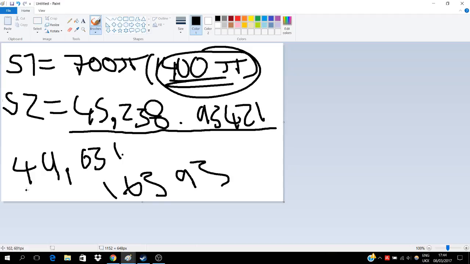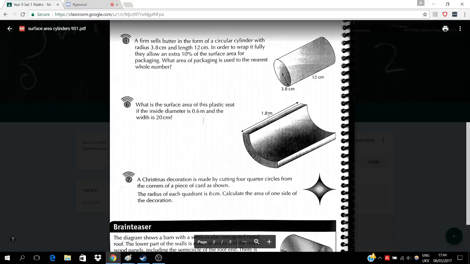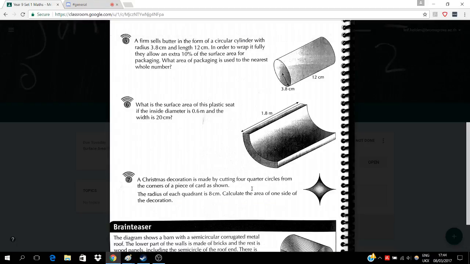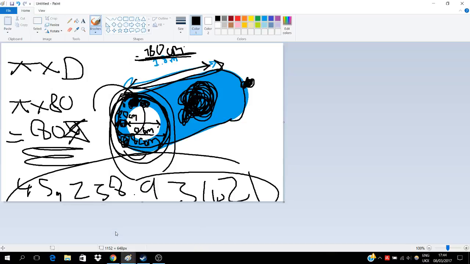So that's the answer. But wait, we are trying to find a quarter of a circle, not the whole cylinder.